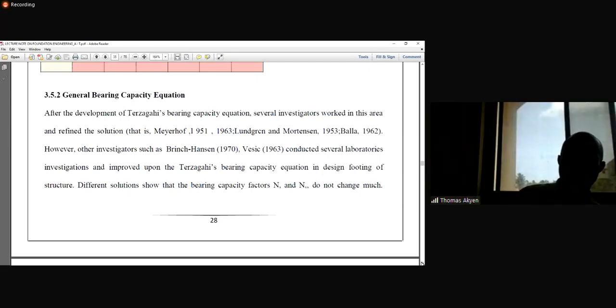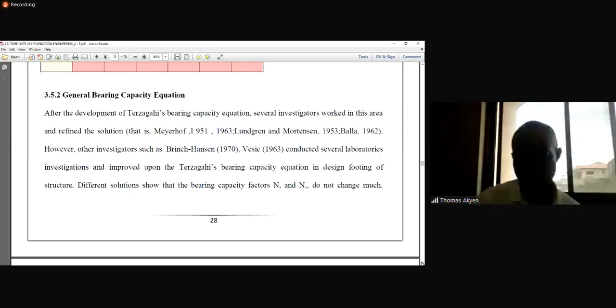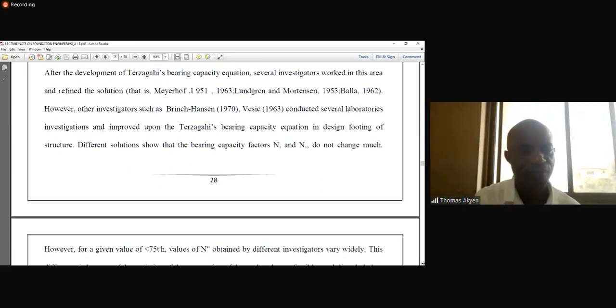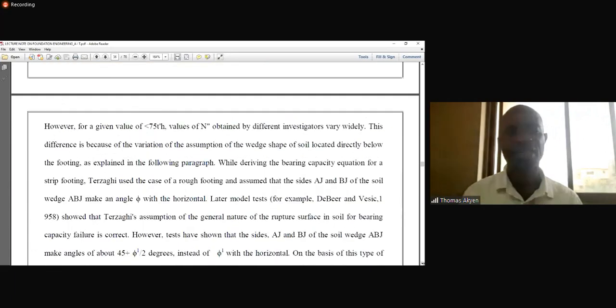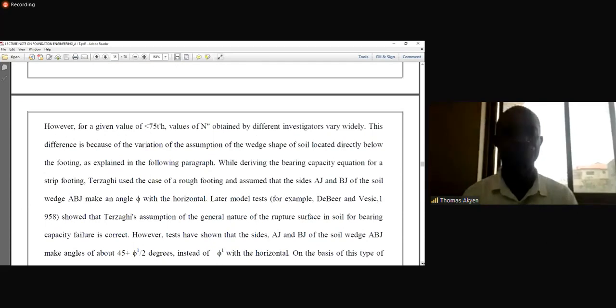Different solutions show that the bearing capacity factors Nc and Nq do not change much. However, for a given value of phi, the value of N gamma obtained by different investigators varies widely.